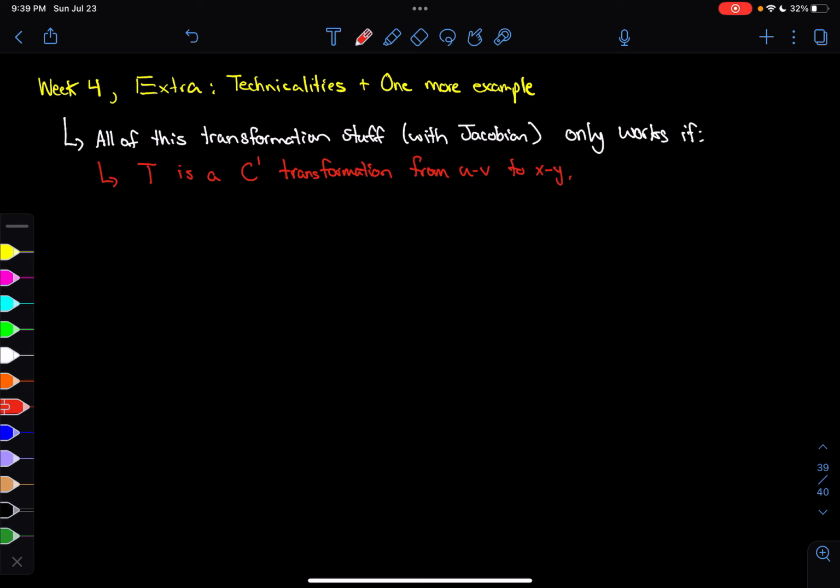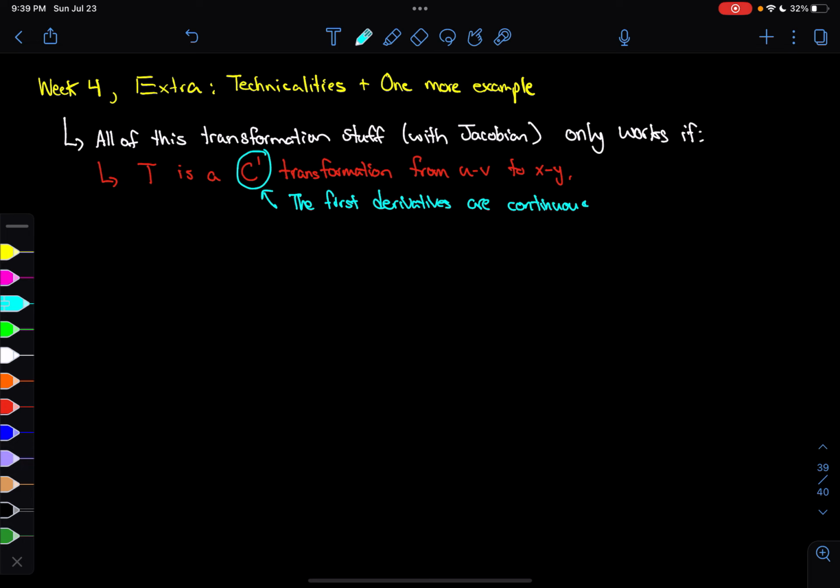What this C1 thing means seems a little scary, but all this means is that all first derivatives are continuous. That's all it means.